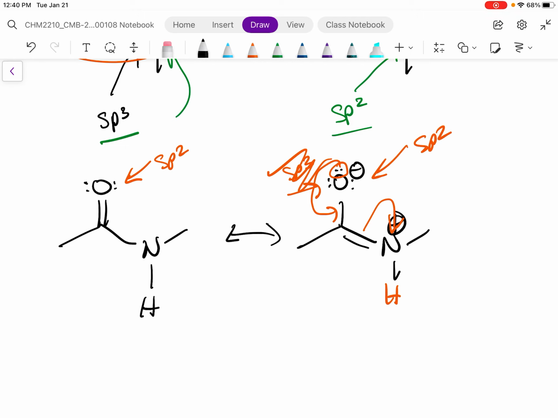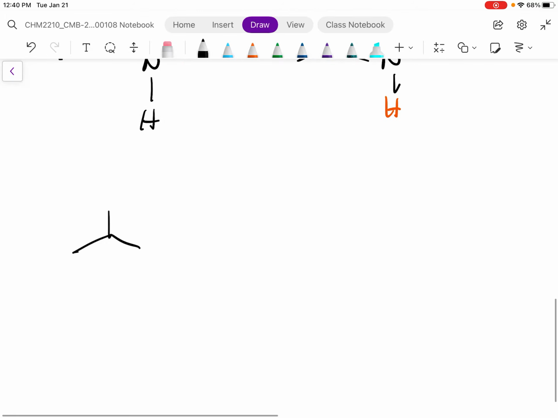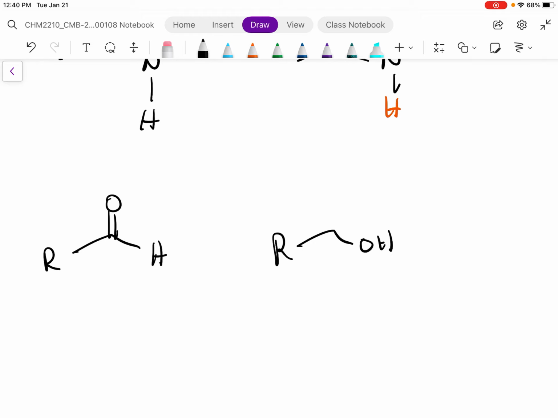If you look at an aldehyde and compare that to an alcohol, what's different? Here's an aldehyde. Here's an alcohol. Is that even possible to do a resonance structure that changes the functional group? You all should be screaming, heavens no, because what has happened? A hydrogen has moved. The only way to change a functional group is for atoms to move around, not electrons. Does that make sense? Good question.